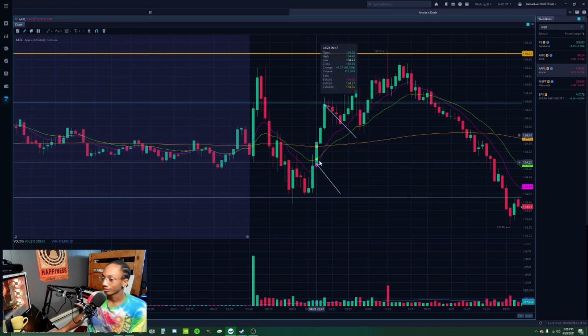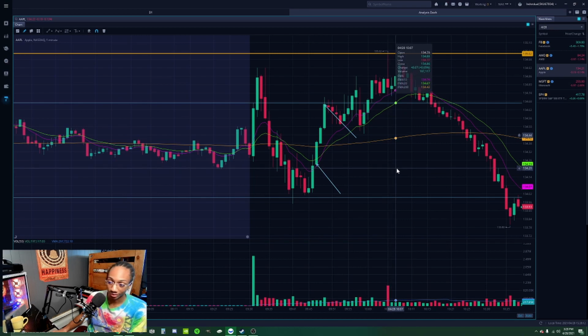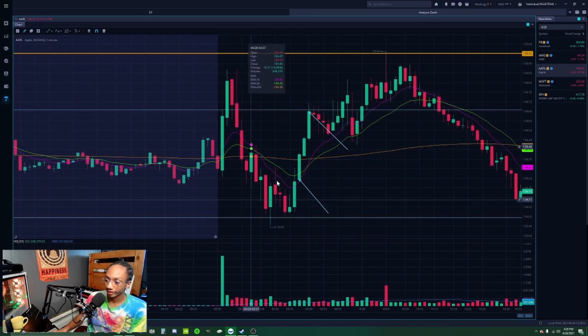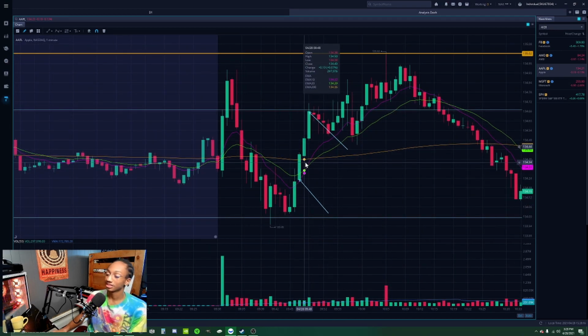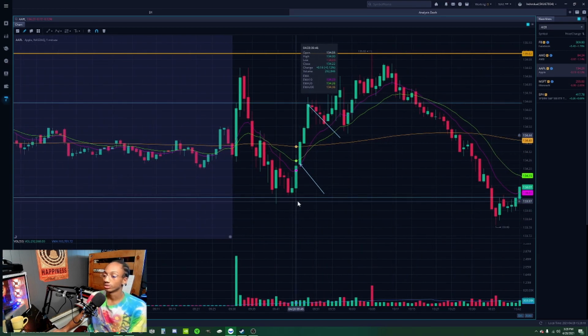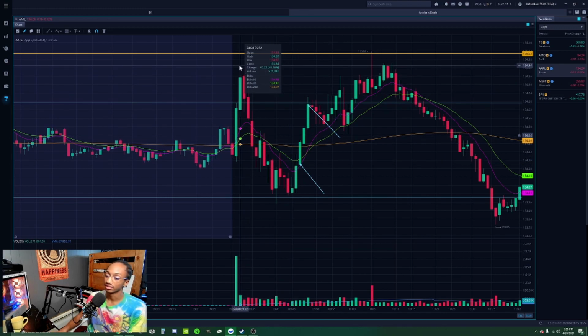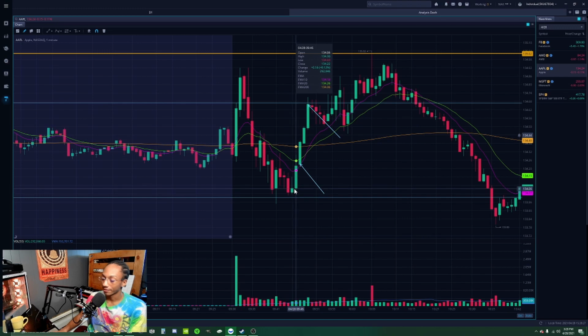But it was enough for me to want to enter the trade, so I entered. And honestly, I wanted to see if it was gonna get rejected at the 200 moving average, and if it did, I was just gonna cut it. I didn't care if it was at like -1%. I was just gonna cut it because if it got rejected by the 200 moving average, in my opinion, that just shows that there's not enough strength for the stock to continue moving upwards, especially after this big downward move right here.